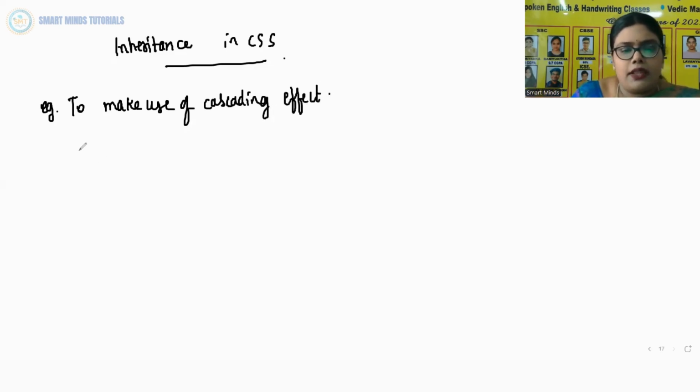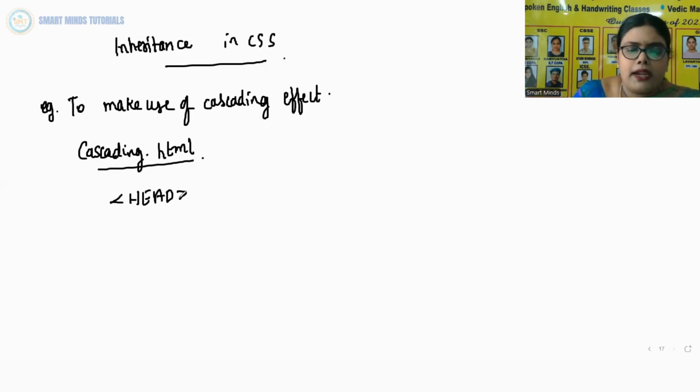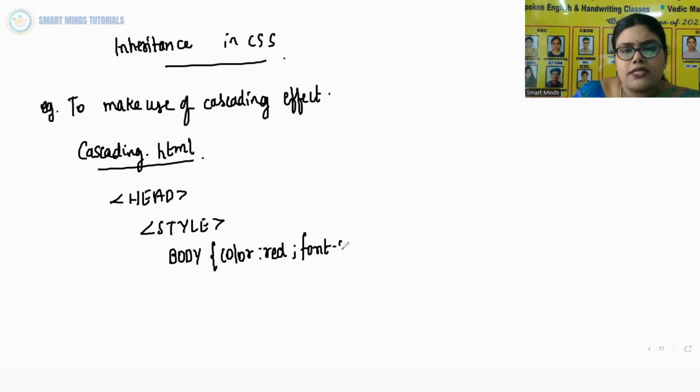So what is the file name here? Cascading.html is the file name. Let me write the program here. First I give the head tag, then I give the style tag, then the selector is body, the property is color, its value is red, then the property is font size, its value is 15 points.